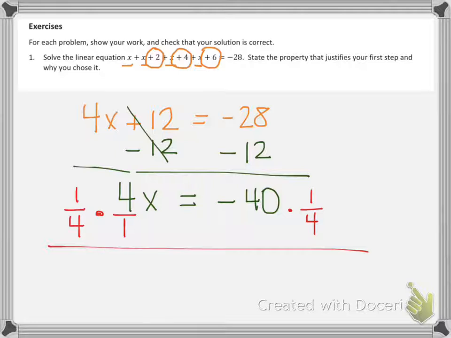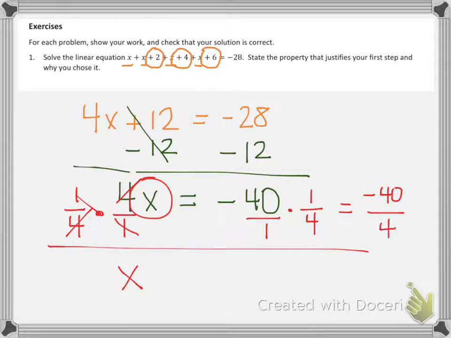So 1 times 4 is 4, 4 times 1 is 4, 4 over 4 is 1x. Or the 4's cancel, the 1's cancel, I'm left with what I want, and that's x. On the right side, I get negative 40 times 1, that's negative 40. And I get 1 times 4, that's 4. There's my division. Negative 40 divided by 4 is negative 10.